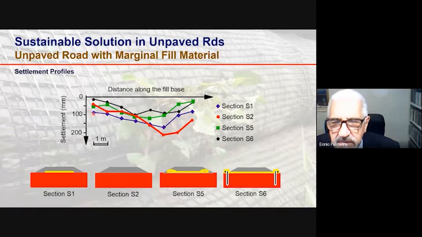And you see to some extent the same behavior for section S1, but with less settlement than the reference section, but a similar behavior. But in the other sections, you see a more uniform distribution of settlements along the road base and less settlement.